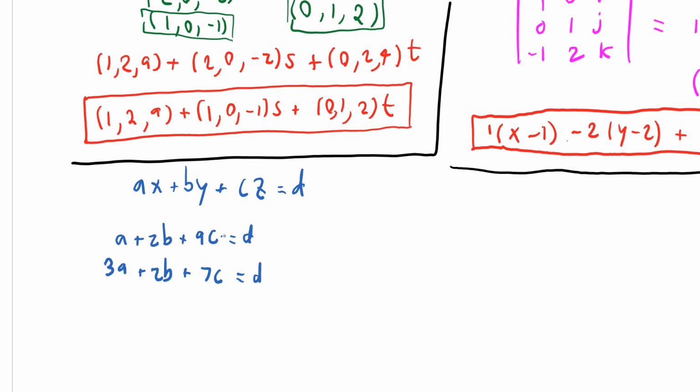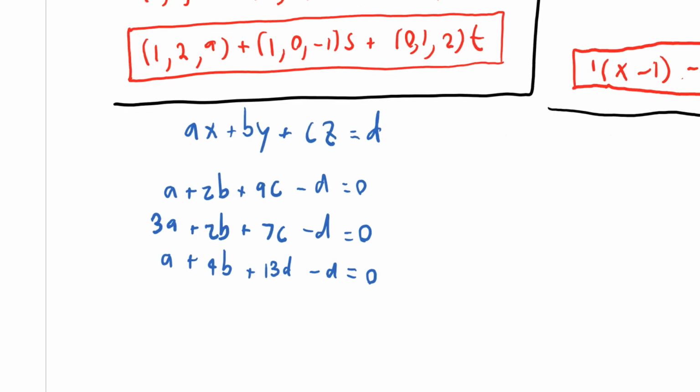Let me move my d to the left-hand side, so it's minus d equals 0. And then the third equation is going to be a plus 4b plus 13c minus d equals 0. This is 13, by the way.